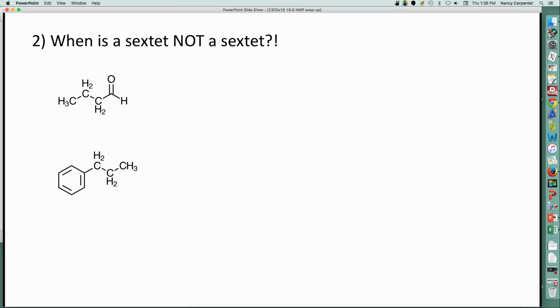All right, another example of complex splitting is the fact that the n+1 rule only applies, well, let's be strict, when we use the N+1 rule, N means homotopic hydrogens.